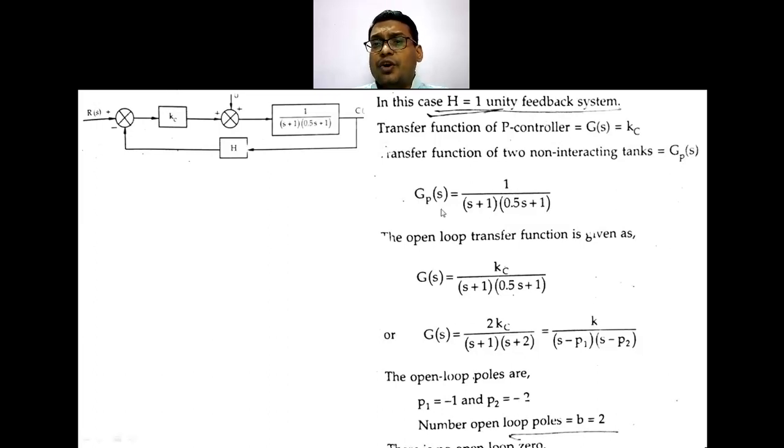Then the open loop transfer function is given as the product of all transfer functions in the control loop, where H has the value of 1. So the product is Kc into 1 upon (s plus 1) and (0.5 s plus 1). That is the open loop transfer function.